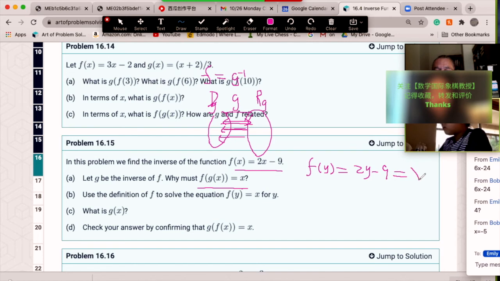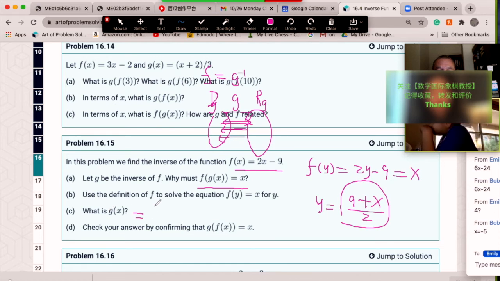So set this one equals x. Then you solve for y. Y will equal (9 plus x) divided by 2. This function actually will be the inverse function of f(x). So here, g(x) will equal (x plus 9) over 2.